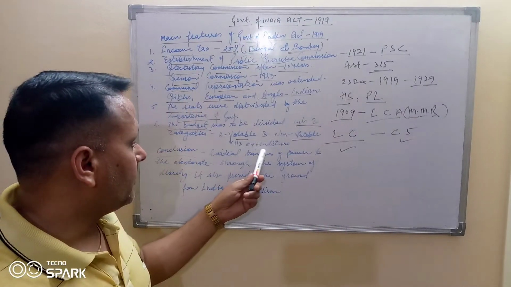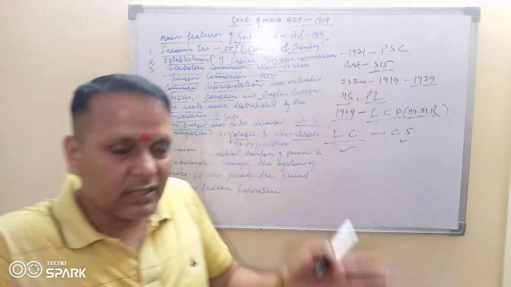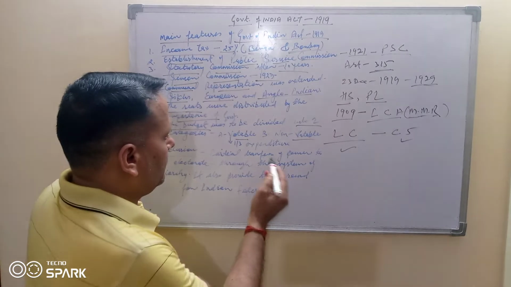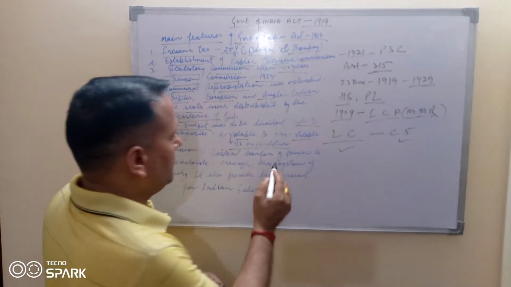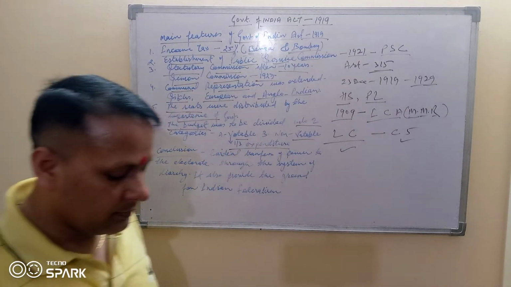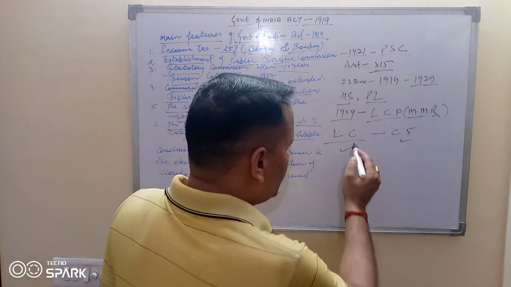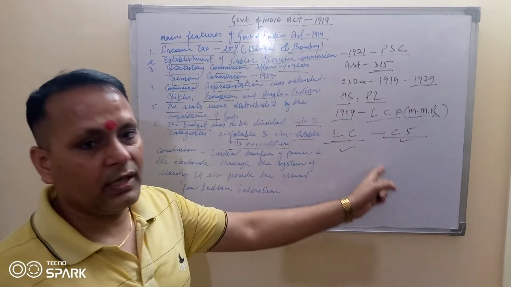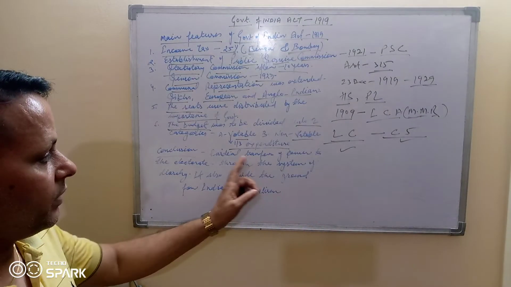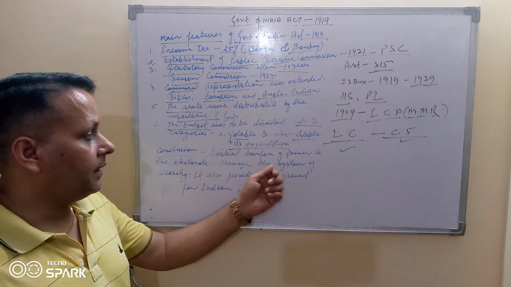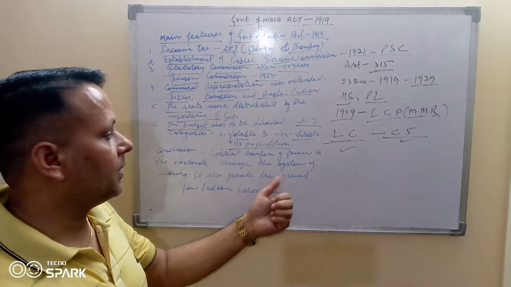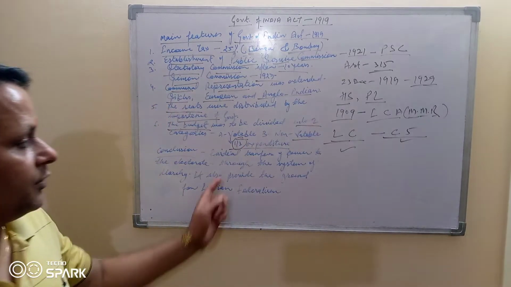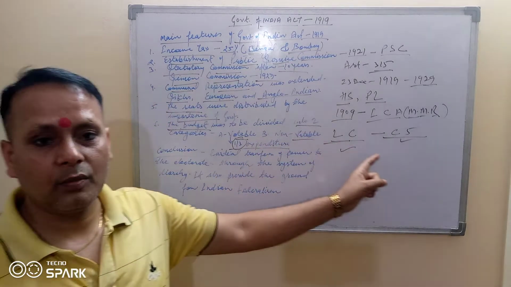Of the total budget, only one third of the expenditure budget is votable. That means the members of the Legislative Council and the Council of State are arguing, discussing, voting and putting their suggestions on the table. Only one third share of the expenditure budget.